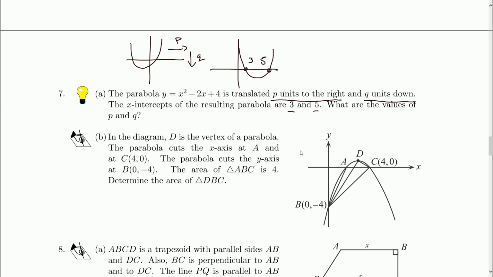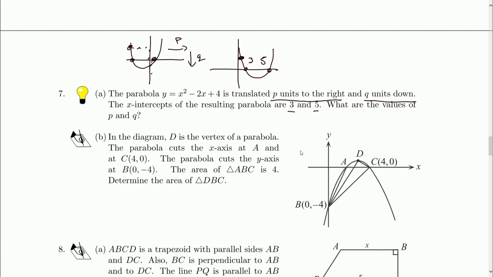If I'm going to figure out what p and q are, how far over and how far down we've shifted, it would be useful to have some points that are easy to predict on the original parabola, and see where that new point ends up. As I started this sentence, I thought, oh, that's easy, I'll just move the roots. Except, while roots can shift over, they don't shift down.